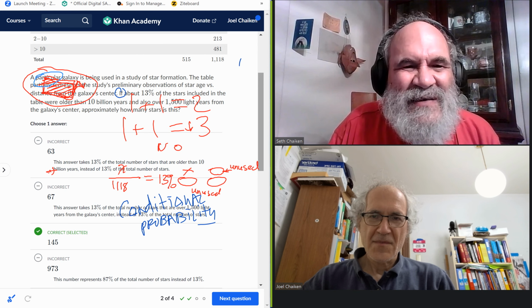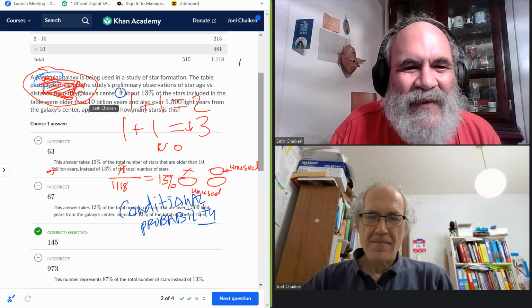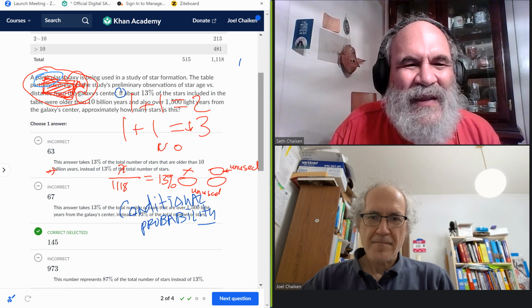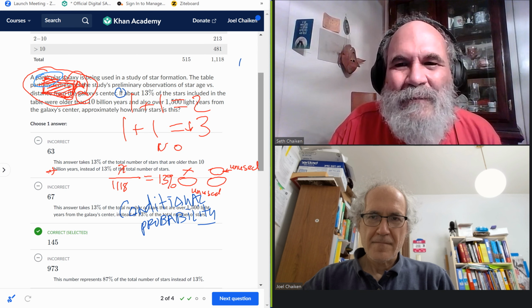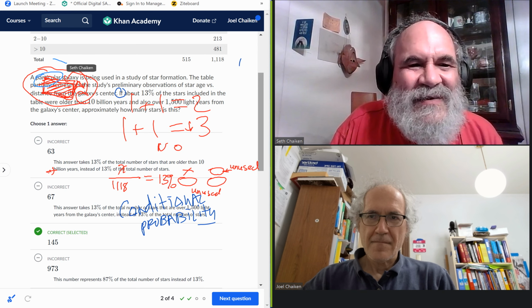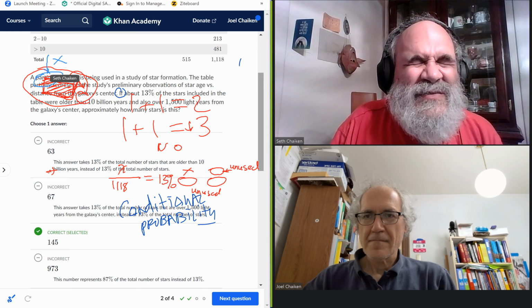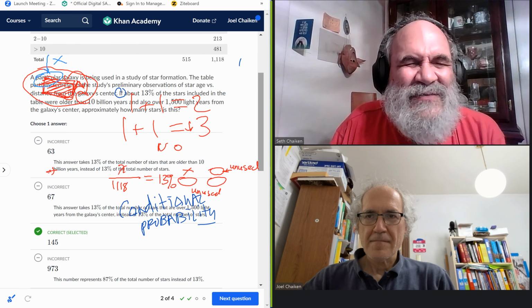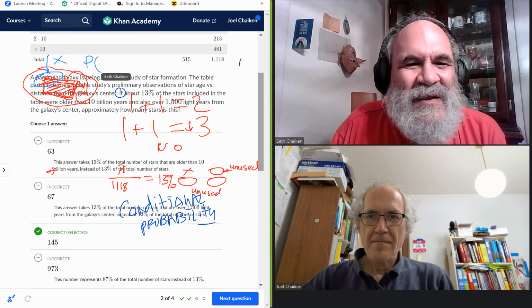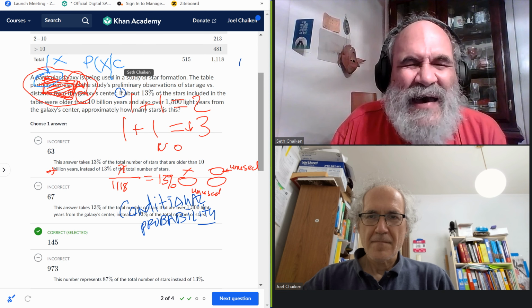So if C is the condition set of things, and let's say X is the event that you're concerned with, what we talk about is the conditional probability that X happens given that C happens.